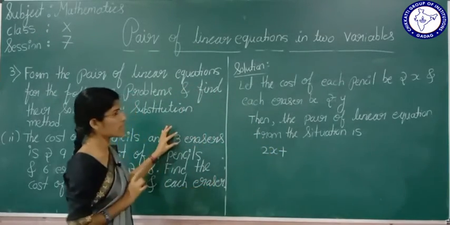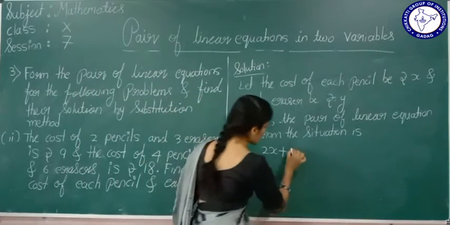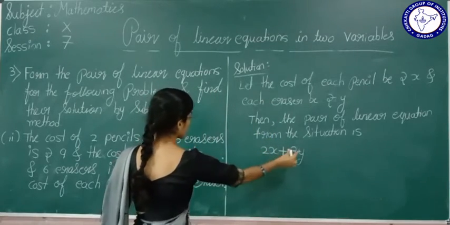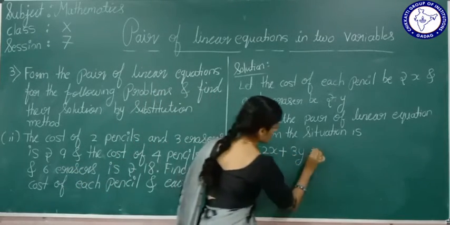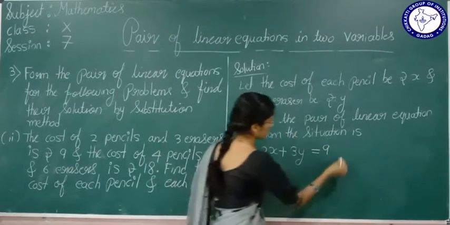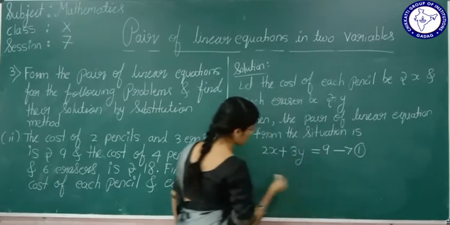The cost of 1 eraser is y, then 3 erasers will be 3y. The cost of 2 pencils and 3 erasers is rupees 9. This is equation number 1.